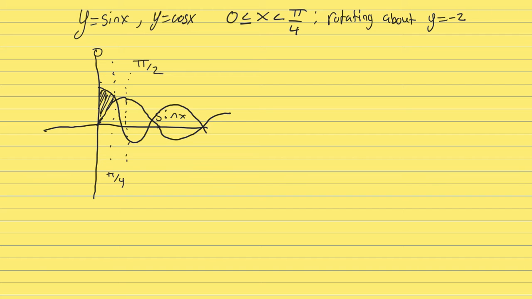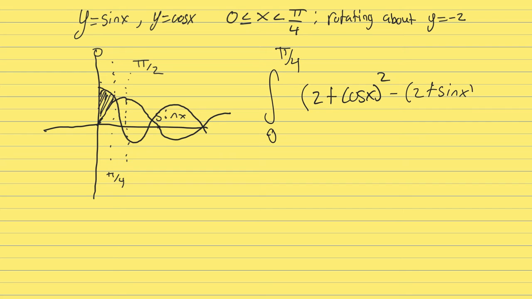So the integral for this is going to look like the integral from 0 to pi over 4 of (2 plus cosine x) squared minus (2 plus sine x) squared dx.